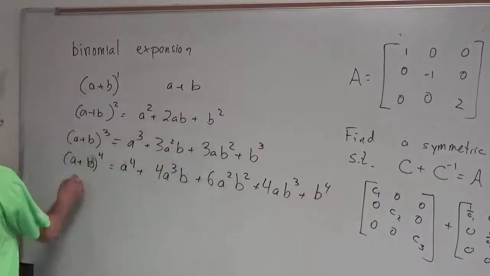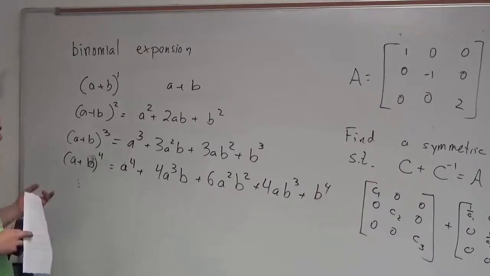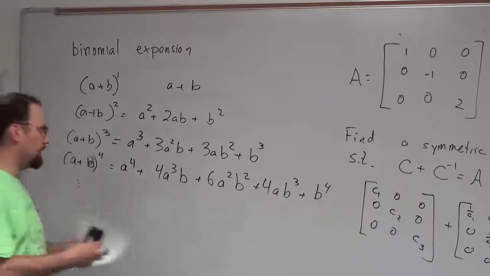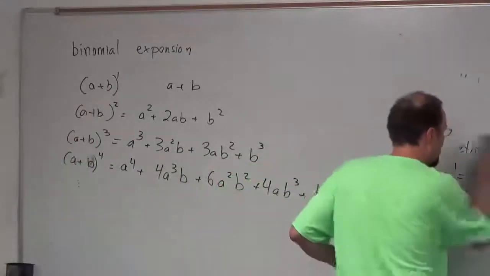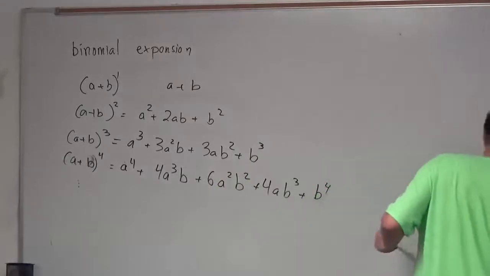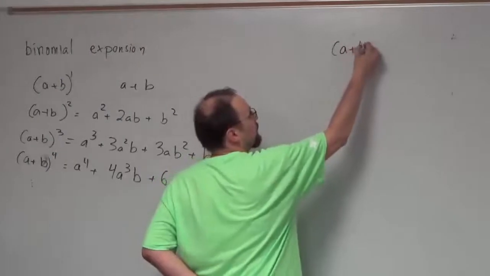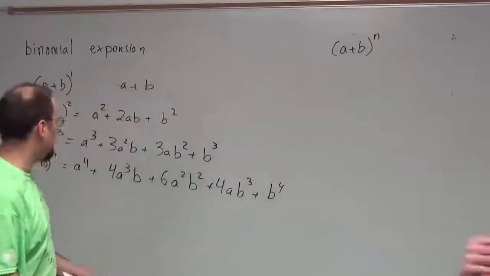The idea here is to capture a formula that gives you this pattern, and that's called binomial expansion. Binomial, I guess, because there are two terms here, and we raise this to an integer power n, or positive integer power n.